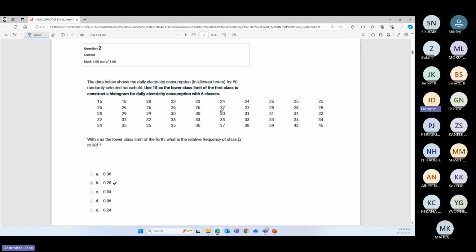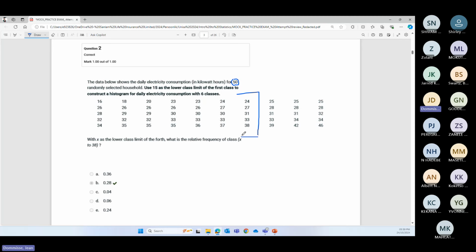So if something like that happens with you on Saturday, just after the exam, let me know and say, question 2 said there are 50 numbers or selected households, but I could only see 35 or something like that.